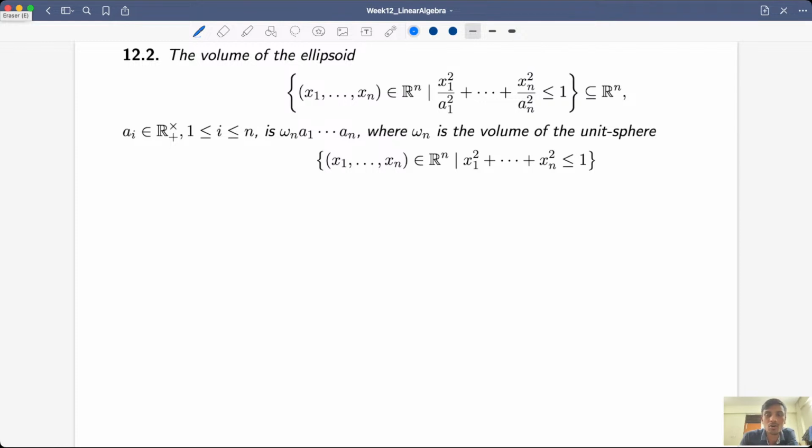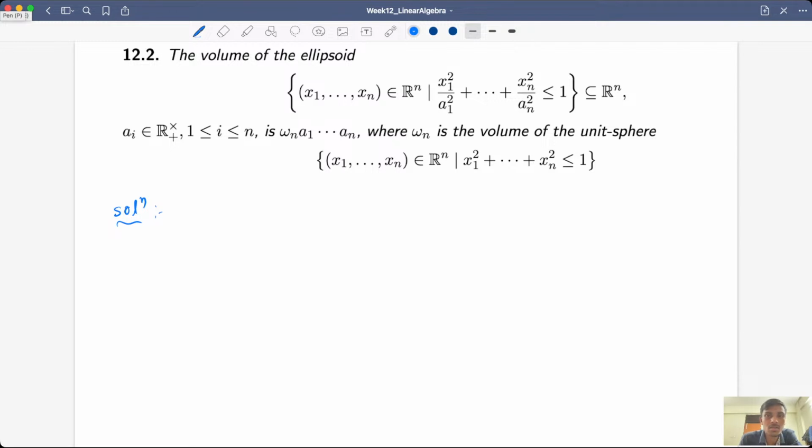is the volume of the unit sphere, which is defined as x1 squared plus x2 squared up to xn squared less than or equal to 1. But initially I just said how the determinant of a map and the volume of a solid are related. So if I use that, these two solids, the ellipsoid and this unit sphere, are related through a linear map, right?